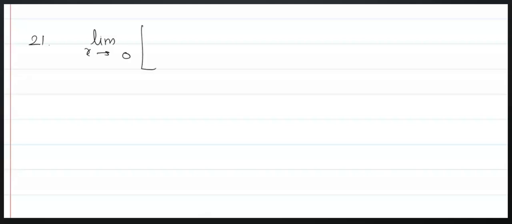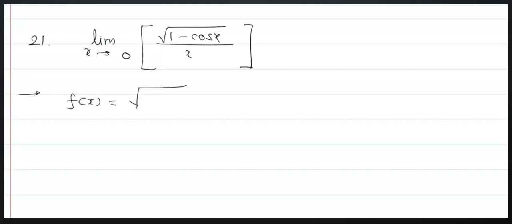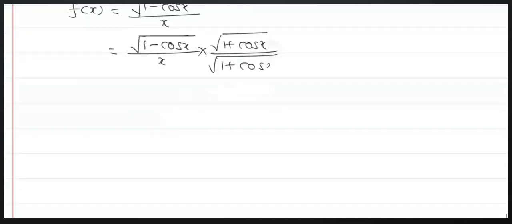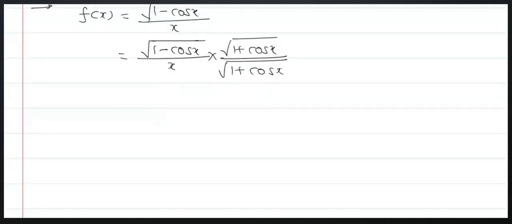21. Limit x tends to 0, root of (1 minus cos x) upon x. f of x is equal to root of (1 minus cos x) upon x. Multiply numerator and denominator by root of (1 plus cos x).